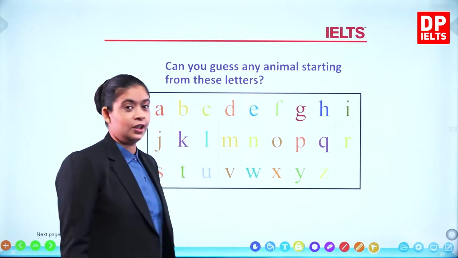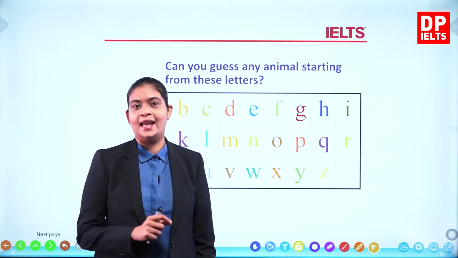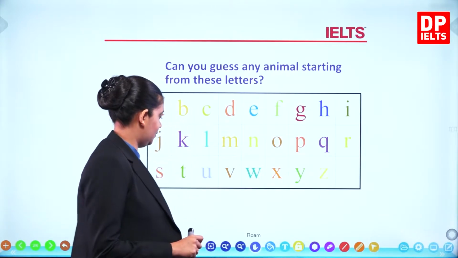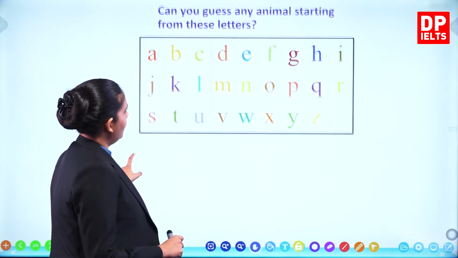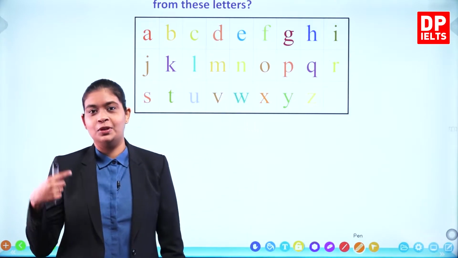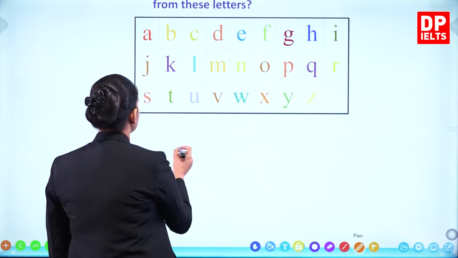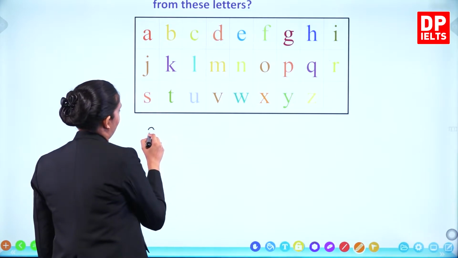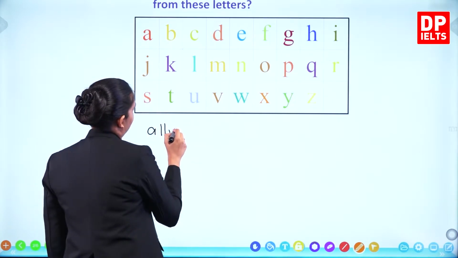Right. So hopefully you paused the video and now let us continue it. I'm going to write down some of the names that I know that come into my mind, okay? So A, I'm going to say alligator.